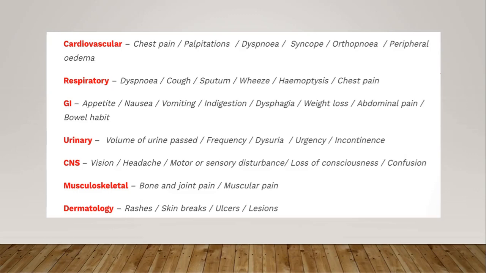In history taking, we mentioned cardiovascular and respiratory already, as we asked the patient about these symptoms, so we have to ask about GI: appetite, nausea, vomiting, dysphagia, weight loss; urinary: volume of urine, frequency, dysuria, urgency; CNS: vision, headache, motor or sensory disturbance; and musculoskeletal: bone and joint pain or muscle pain, and any skin rash, skin breaks, ulcer, or lesion.